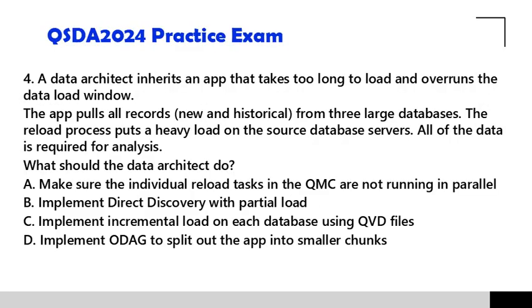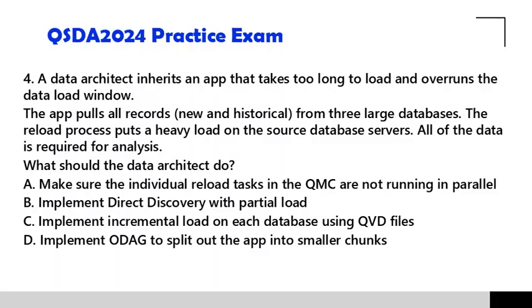4. A data architect inherits an app that takes too long to load and overruns the data load window. The app pulls all records, new and historical, from 3 large databases. The reload process puts a heavy load on the source database servers. All of the data is required for analysis. What should the data architect do?